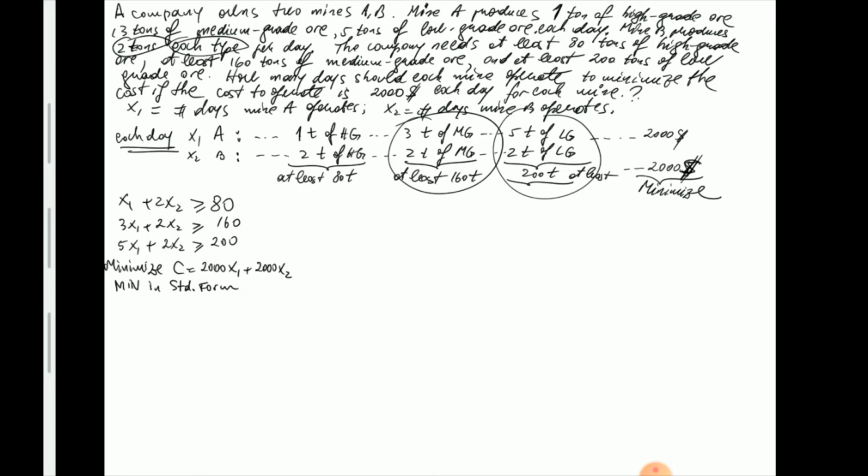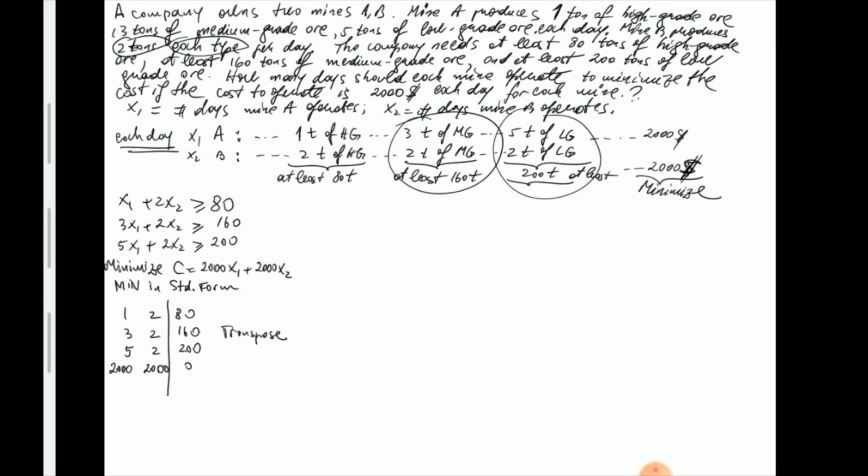All right, so we write the coefficients the way we did it before in a matrix format in preparation to come up with a dual. $2,000, 2,000, and 0. Transpose, right?